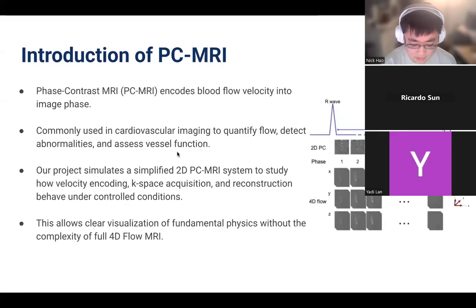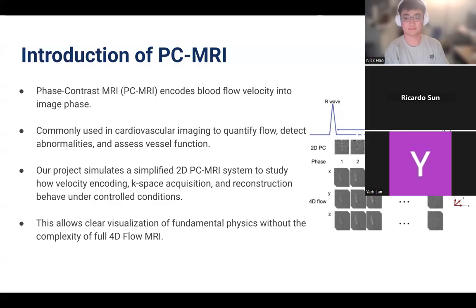Phase contrast MRI, or PCMRI, is an imaging technique that measures blood flow by encoding velocity into the phase of the MR signal. It's widely used in cardiovascular imaging to quantify blood flow, detect abnormalities, and assess vessel function. In this project, we simulate a simplified 2D PCMRI system instead of working with full 4D flow MRI, which can be complex and computationally expensive. We focus on a single cross-sectional slice.